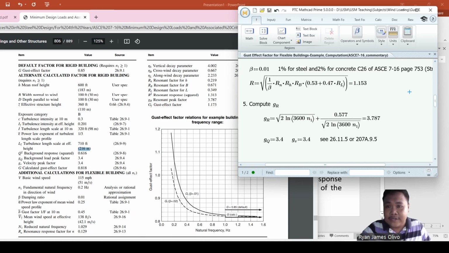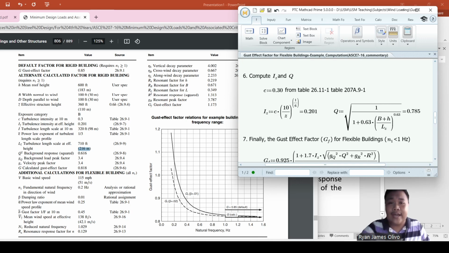Then our GR, the resonant peak factor, is given as 3.4. This is fixed, guys. C26.11.5 for ASCE, and for NSCP section 207A.9.5. Our resonant peak factor GR is exactly 3.787. Then our turbulence intensity Iz-bar is 0.201. That is right.